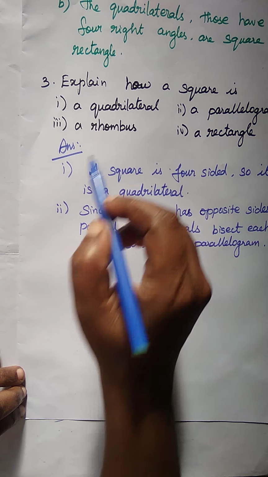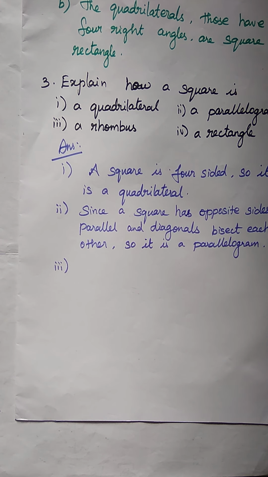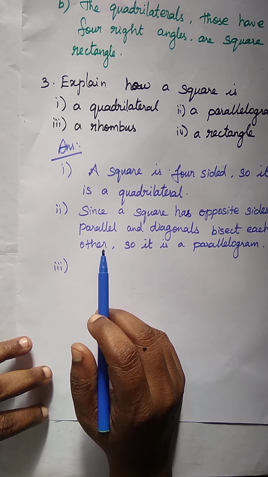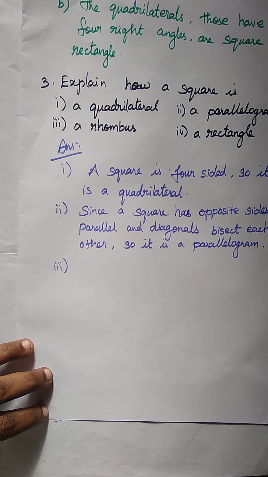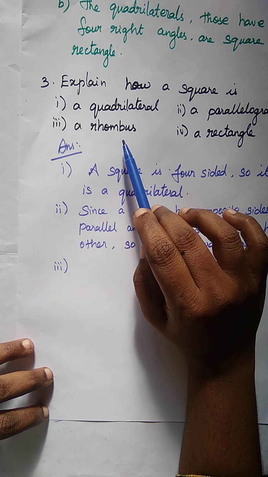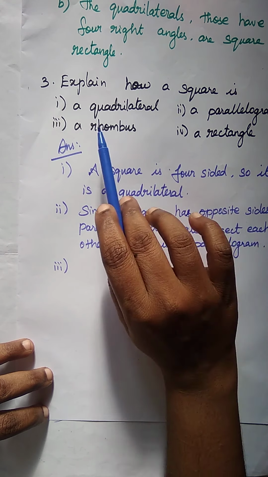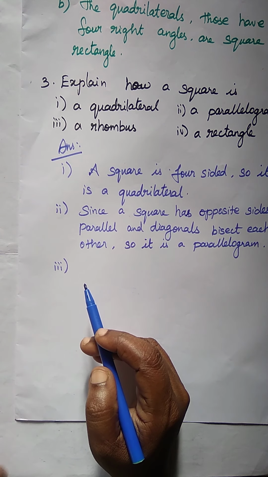Okay. Now in the third part, a rhombus. How is a square a rhombus? How is it possible? So in the parallelogram with all the four sides equal, in rhombus and square also. Rhombus laying all the four sides are equal. Square also all the four sides are equal. So square is a rhombus.